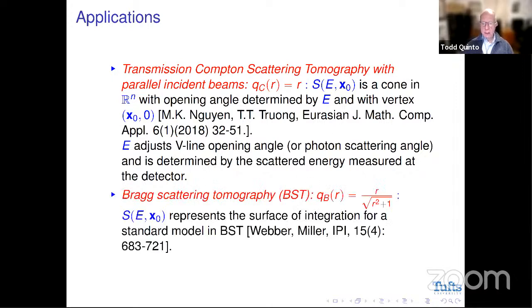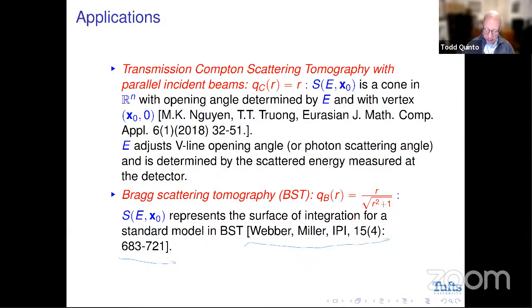Now, a new methodology is Bragg scattering tomography, where this surface represents the surface of integration for a standard model in Bragg scattering tomography. I refer to this article in Inverse Problems in Imaging that appeared recently, I think last year.